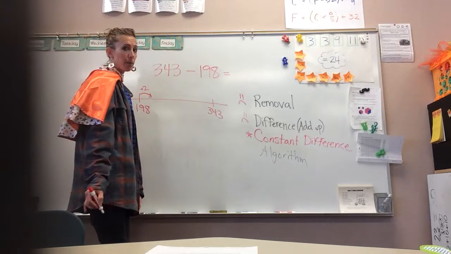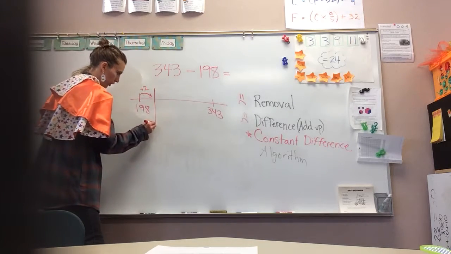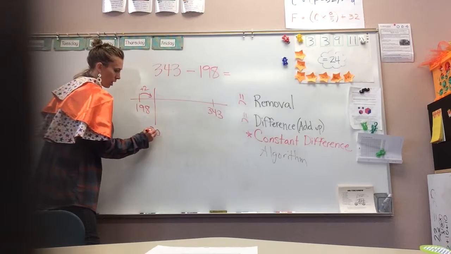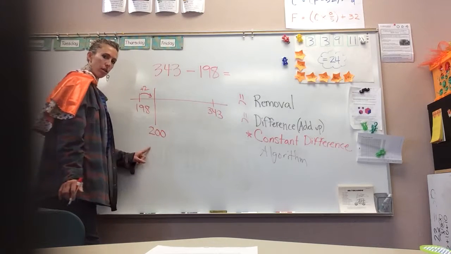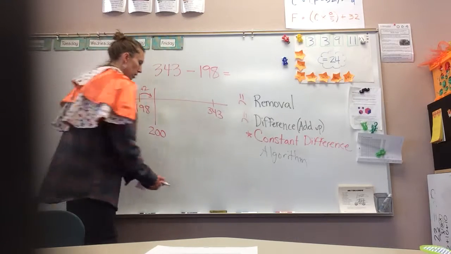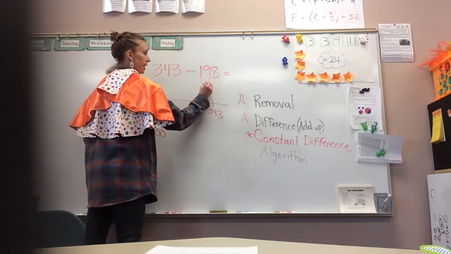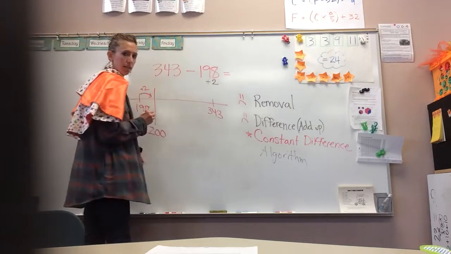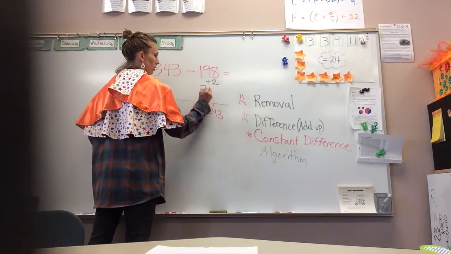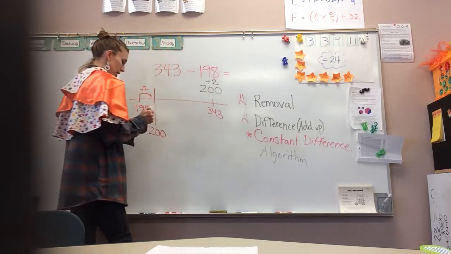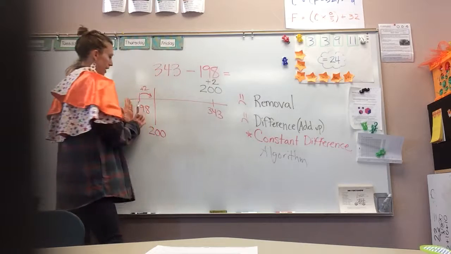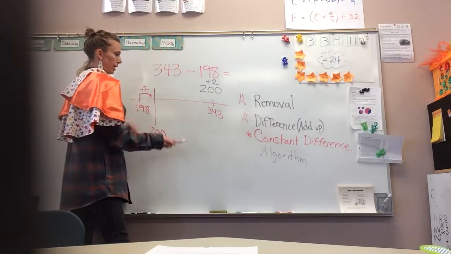Do you know what number I'm talking about? 200, people. Awesome. So I have taken 198 and I've added 2 to it to make it into 200. But if I do that, and I move this one 2 over, then guess what?